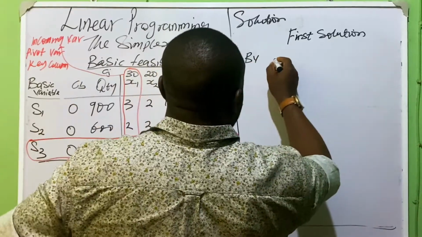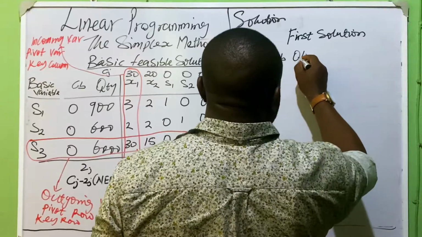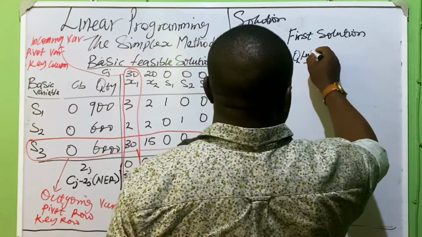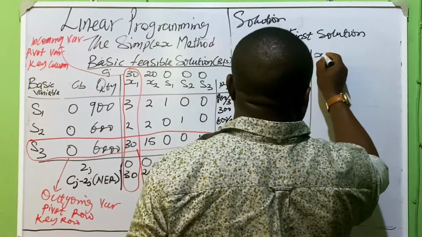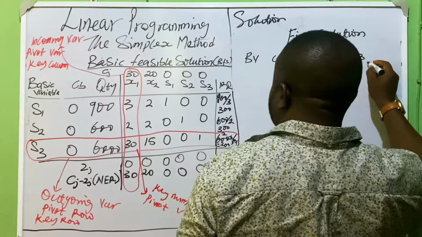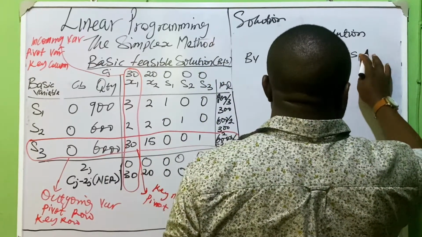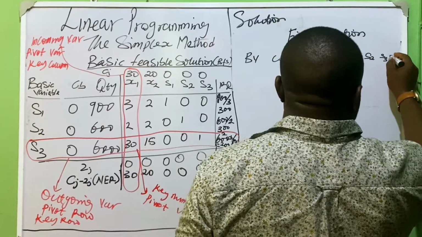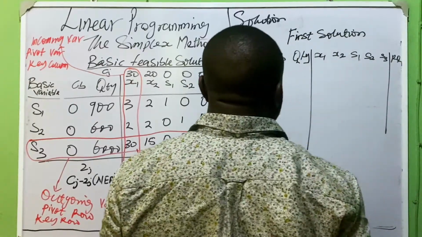BV, contribution, quantity, then we have x1, x2, s1, s2, s3, and q, which is the replacement quantity.